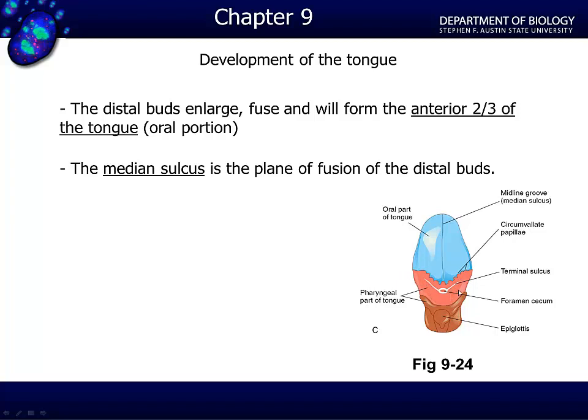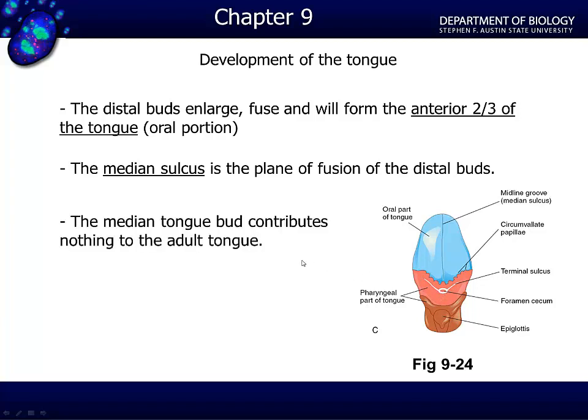This is called the median sulcus, or sulcus terminalis. And this sulcus terminalis is going to have a point. The vertex of this V is going to be at the foramen cecum. That's one way you can find that. The median tongue bud contributes nothing to the adult tongue. It is only there as an inductive center to organize the remainder of the tongue as it's forming.